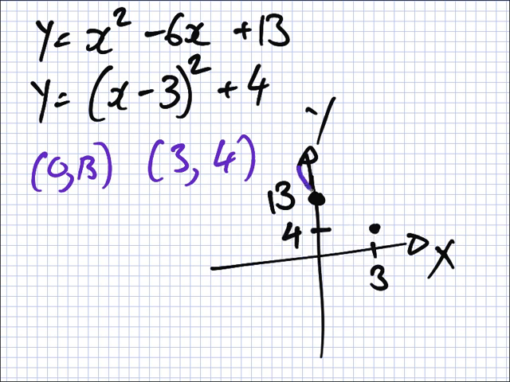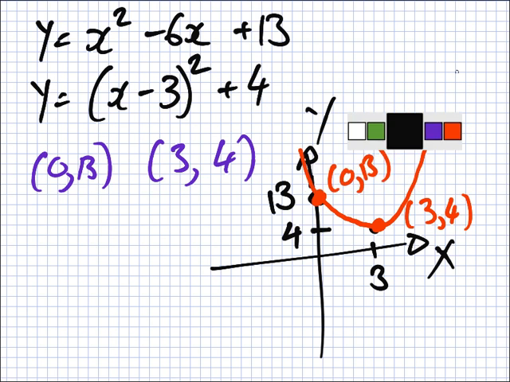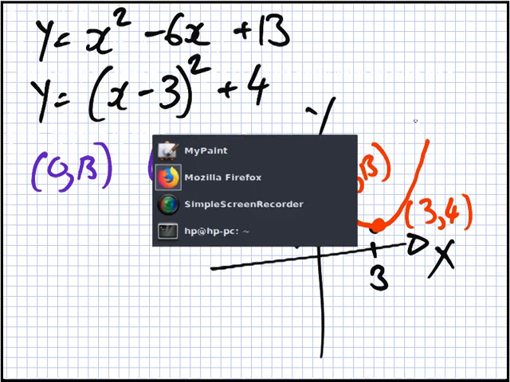What shape is it? Yeah, convex, and they just want to see that it dips down to the turning point here, which I'll mark in as 3, 4, and this is the intercept here, which I'll mark in as 0, 13 then. And I think I've answered every part of that, haven't I?